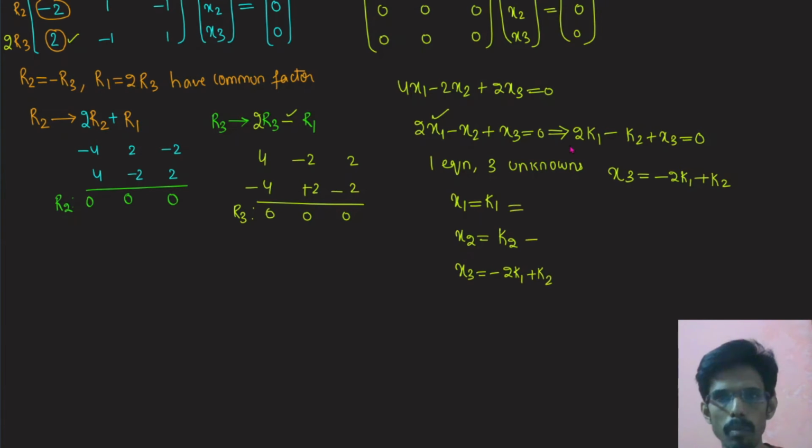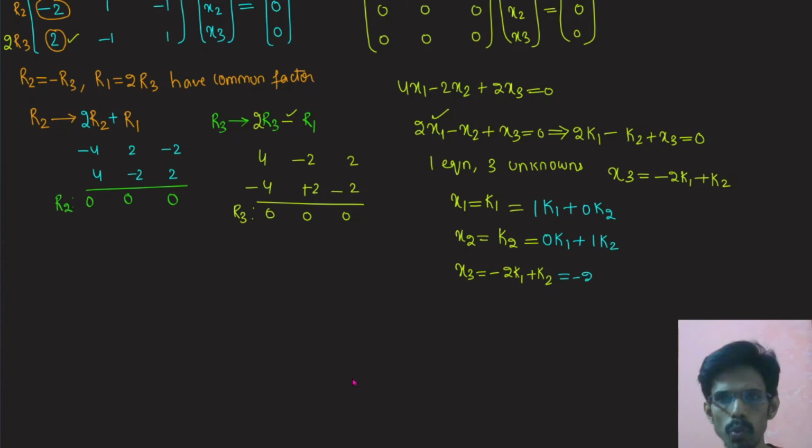Now let us modify this x1, x2 value. I'll write this as 1 k1 plus 0 k2. I want x1 in terms of k1 and k2, both should be there. Here I can write 0 k1, 1 k2.